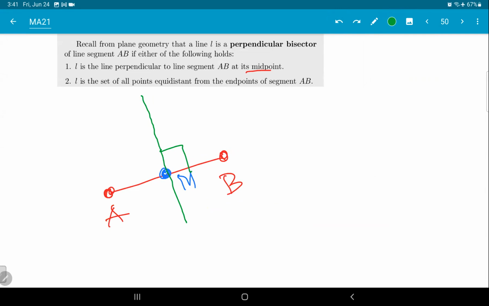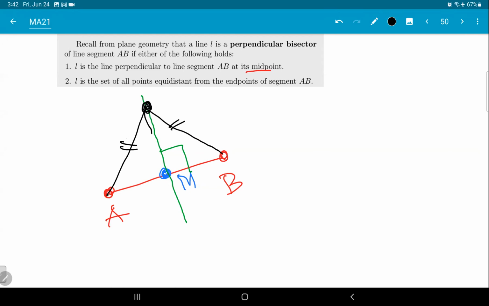Bakit? Because of congruent triangles, if we take any point on the perpendicular bisector, it will be at the same distance from either A or B. Tingnan nyo. Halimbawa ito. And then A, then B. Same length, yung dalawang yan, because of congruent triangles, di ba?